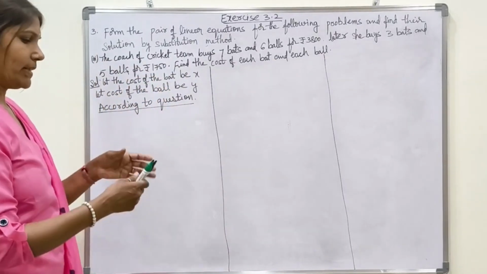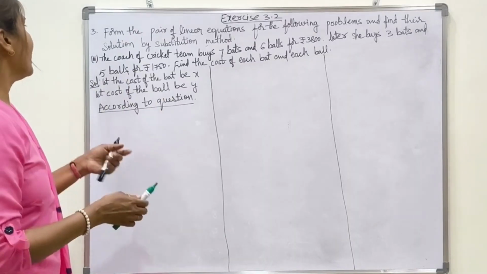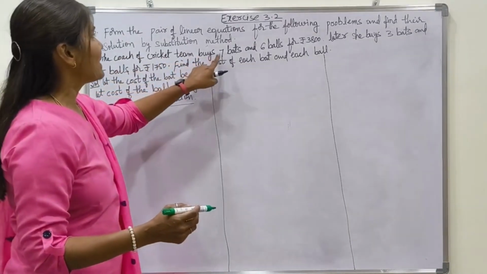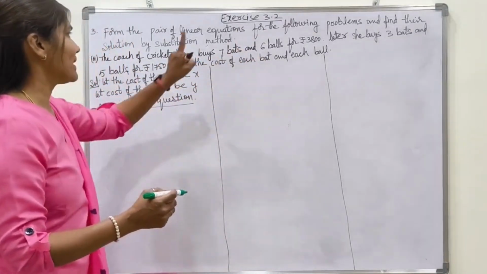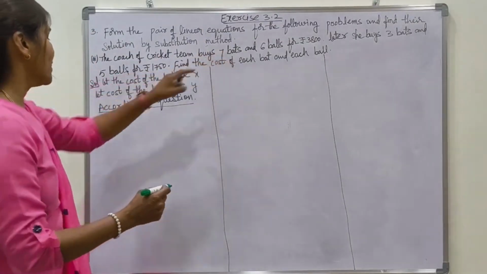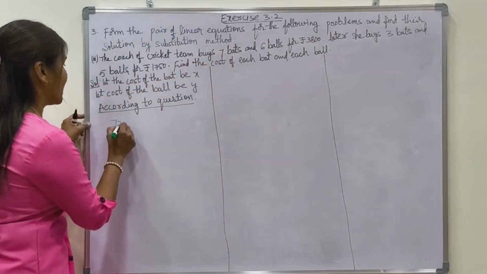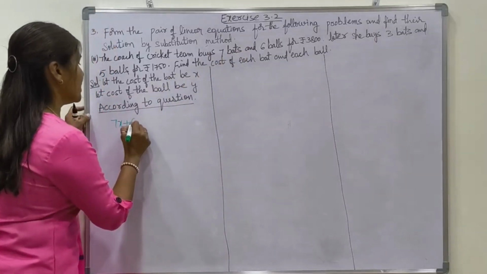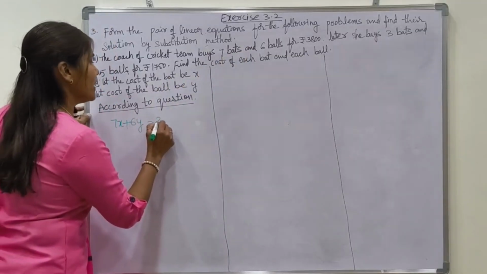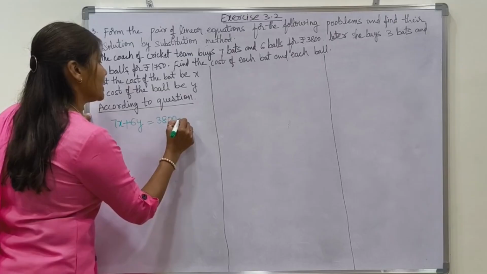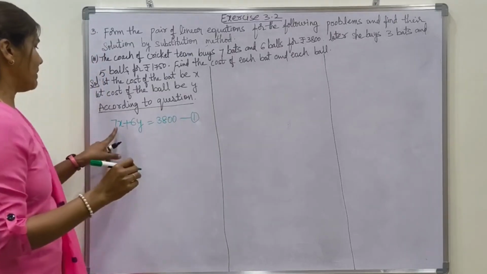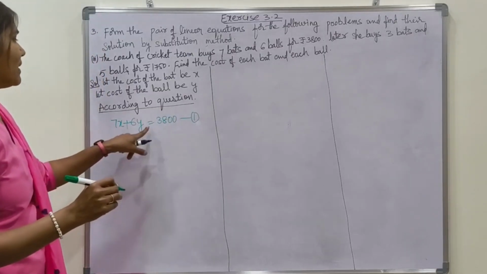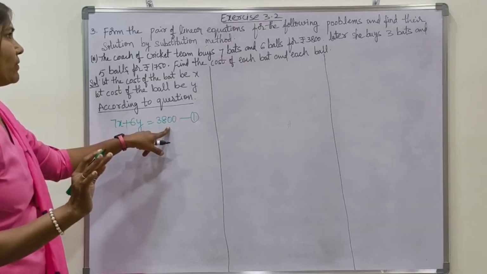According to the question, we will write the equations. How many bats? 7 bats and 6 balls. Bat means x, so 7x plus balls means y, so 6y is equal to 3,800. This is the first equation. 7 bats, 6 balls, total rupees 3,800.